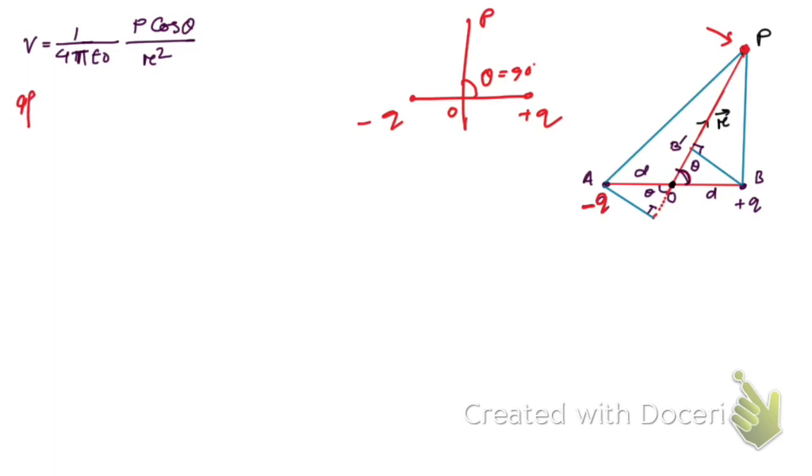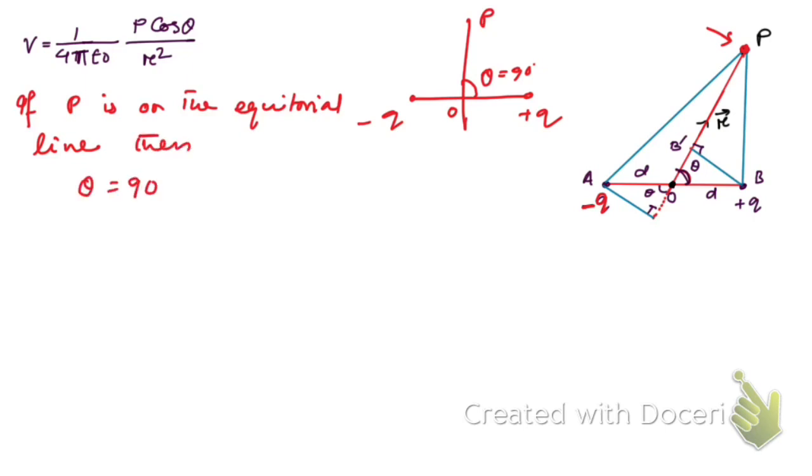If P is on the equatorial line, then theta will be 90.